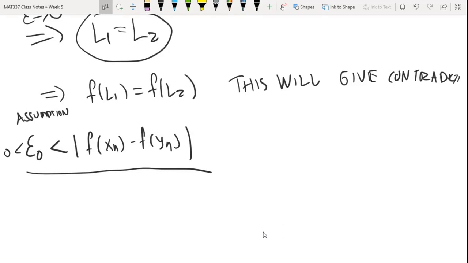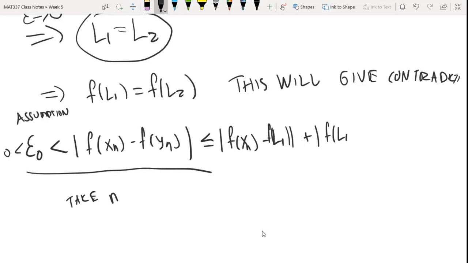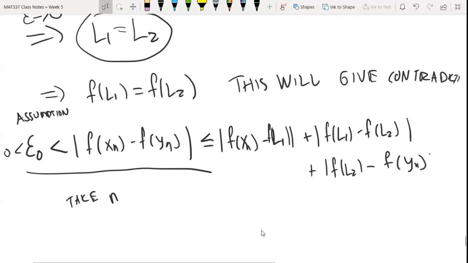Okay, let me do this carefully. So again, do triangle: f of xn minus f of L1, f of L1 minus f of L2 plus f of L2 minus f of yn.